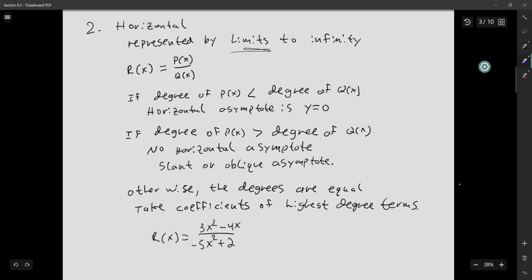Now what this rule says is I take the coefficients of the highest degree terms on the top and on the bottom. So my horizontal asymptote is literally y equals 3 over minus 5. It's like I take the first numbers I see when I write them out and I just ignore everything else.